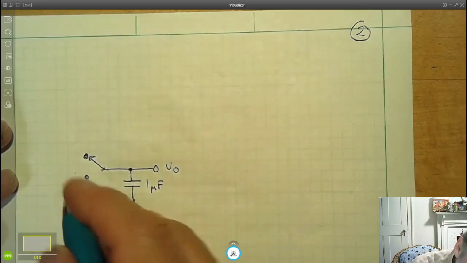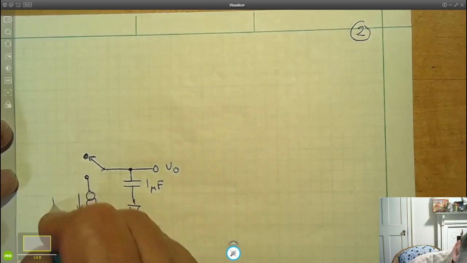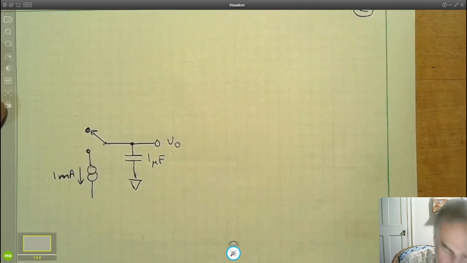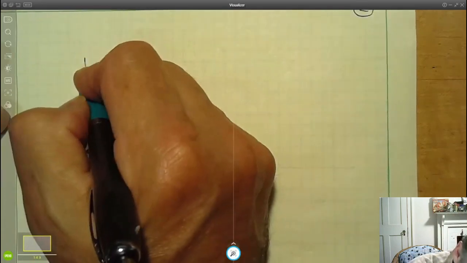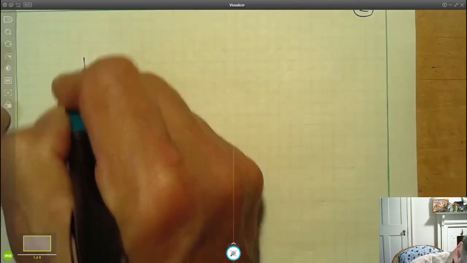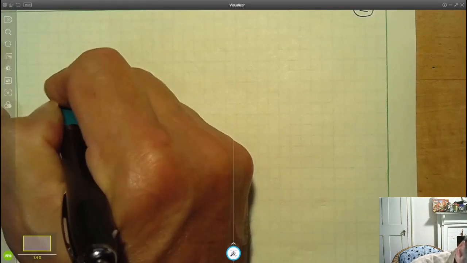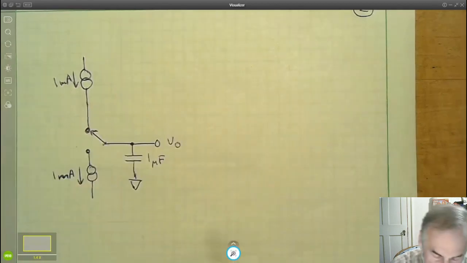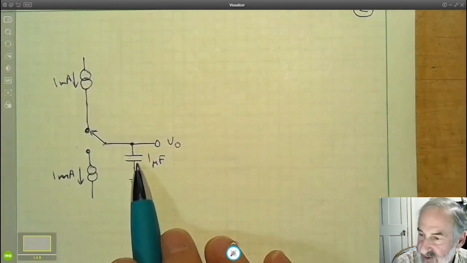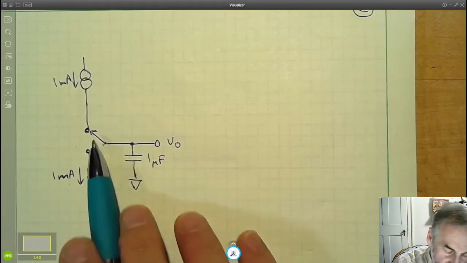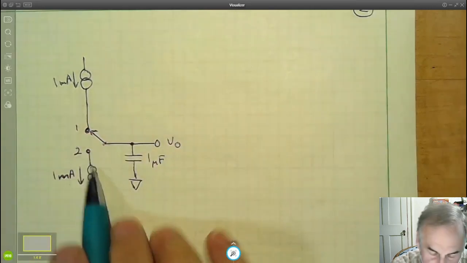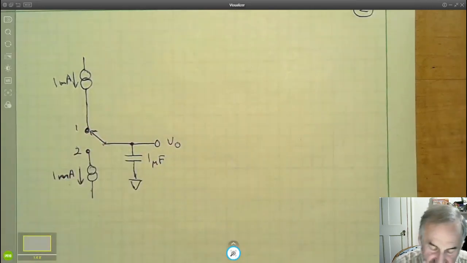This current source is a 1 milliamp current source going down, and I'm going to have a 1 milliamp current source going down in the other direction. So I can either have 1 milliamp flowing into this capacitor, or if I move the switch from position 1 to position 2, I can have 1 milliamp flowing out of the capacitor.